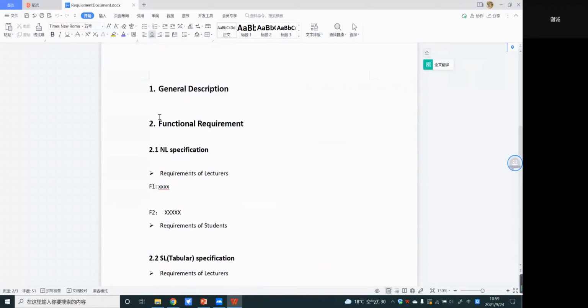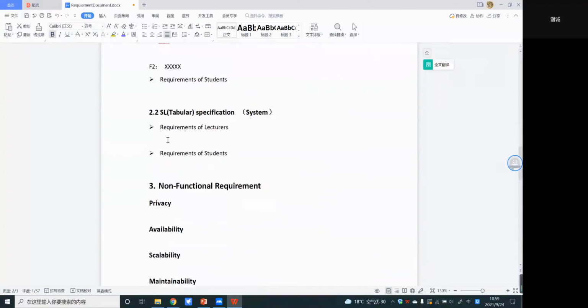Everyone should know here, for each functional requirement, I ask you not to only use natural language. Natural language is actually just for the user. This is for the system. Not only use natural language, but also use a structured language.